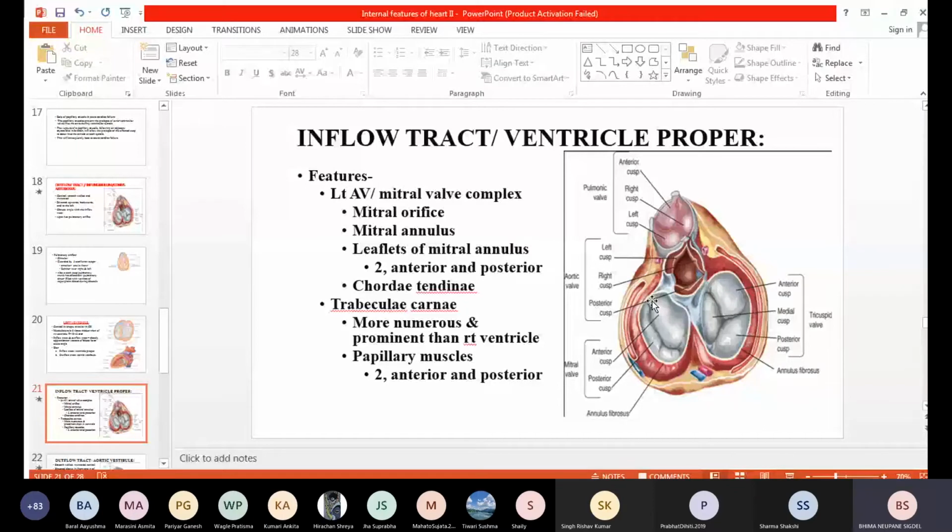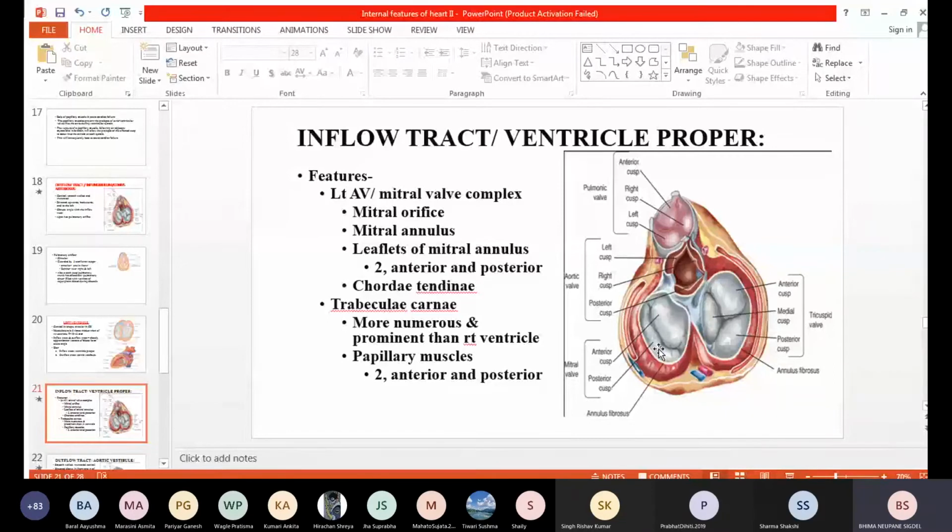Okay, you can see this is for the mitral and this is for the tricuspid valve complex. This is the right atrioventricular part and this is the left atrioventricular part. So, anterior cusp or anterior leaflet, posterior cusp or posterior leaflet, and this white color you can see is where the basal side of the leaflet or cusp rests.